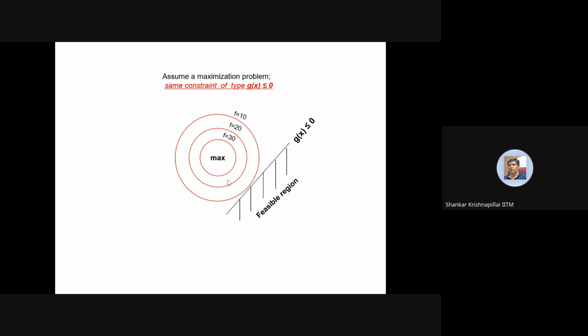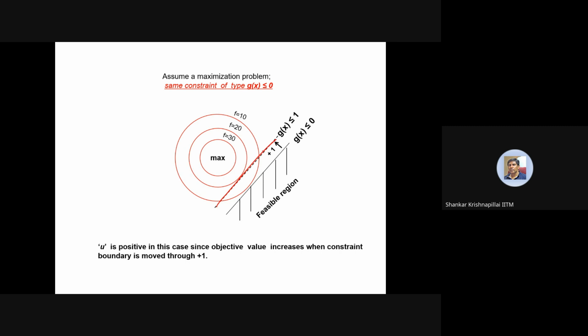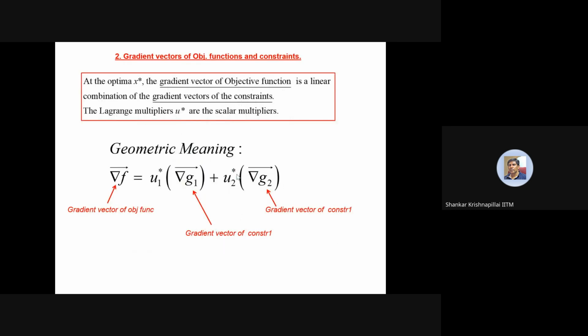And if you do a maximization problem with Lagrange multiplier, then the value of U will be positive, because for a unit positive change in the constraint boundary, the objective function value has changed from, say, 10 to 20, it has increased. So this is one feature of the Lagrangian function.